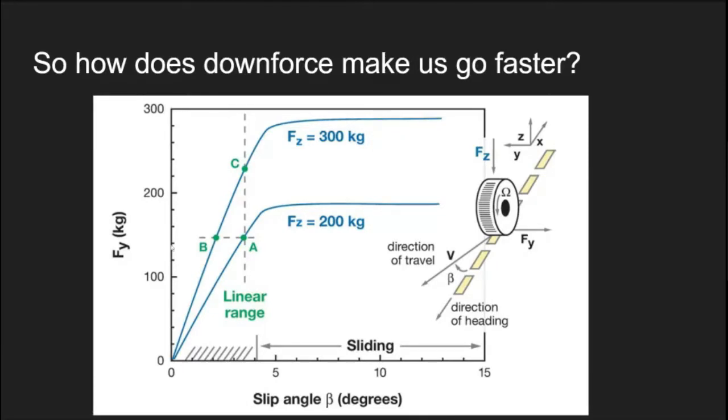Now, if you add more vertical load to the tire for the same slip angle, you'll have somewhere around 200 and maybe 230 kilograms of lateral force. So basically, there's two ways you can do this.